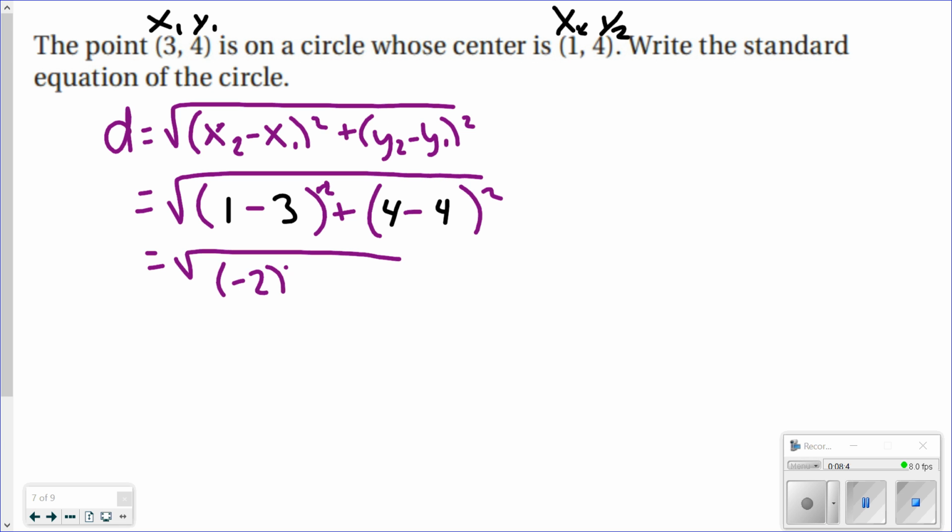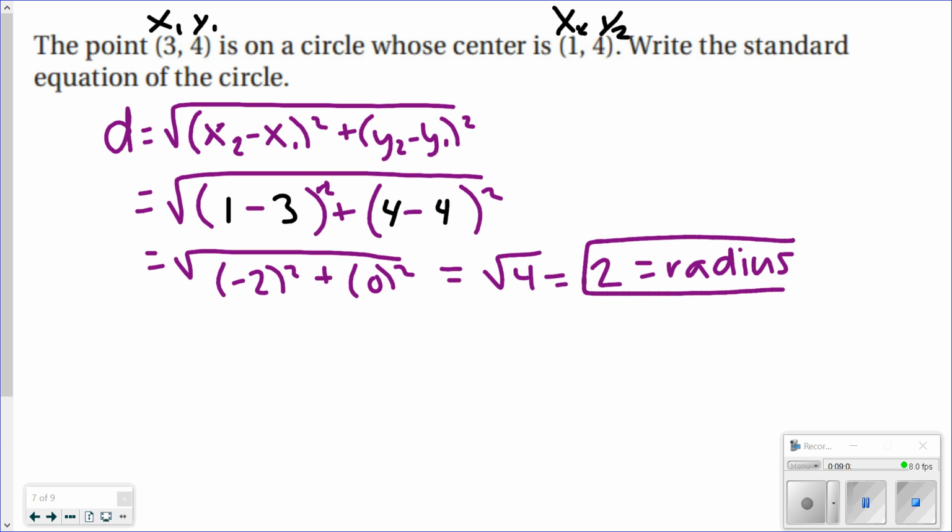I'm going to square that, plus 4 minus 4, that's just 0, and we're going to square that. If you plug this into your calculator, you will see that you get the square root of 4, and this is equal to +2. So that means that +2 is our radius.